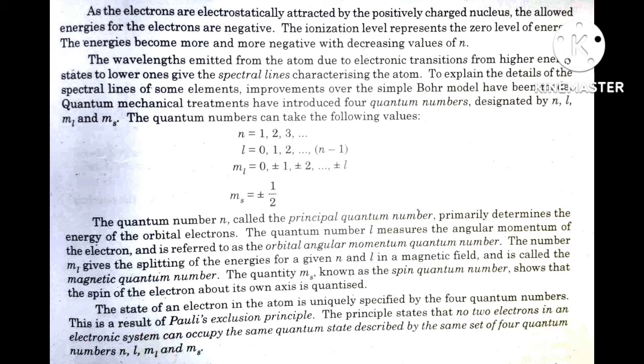The wavelengths emitted from the atom due to electronic transitions from higher energy states to lower ones give the spectral lines, which characterize the atom.